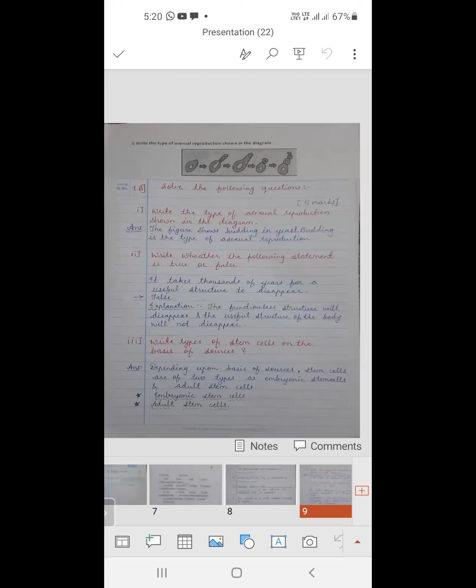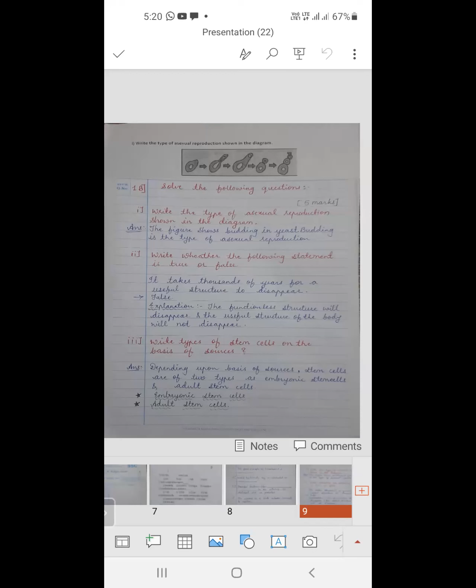Depending upon the basis of sources, stem cells are of two types: embryonic stem cells and adult stem cells. You can write the sentence in this way, and you can also write point-wise, meaning two types you will write.